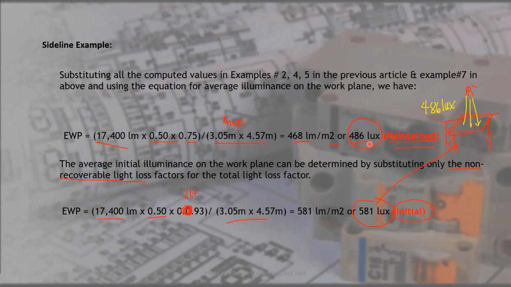So during the first time that the system will be turned on, 581 lux, wherein the lamps are new and the surfaces are clean, the average initial illuminance will be greater than the maintained value, which is computed as 581 lumens per square meter.